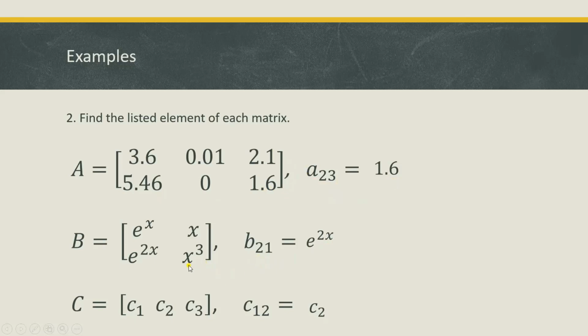So we go to the second row, first column, it's e to the 2x. And then in matrix C, we're looking for the element in the first row, second column. There is only 1 row, so we go to the second column, and it's C sub 2. So that just orients you to the elements and the entries in a matrix according to their rows and dimensions and their subscripts.